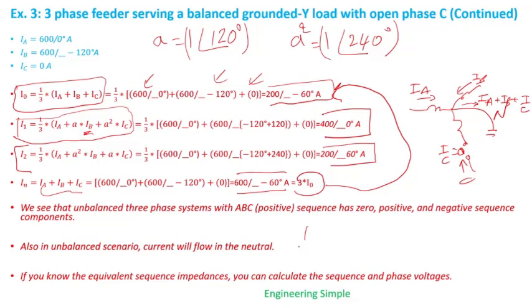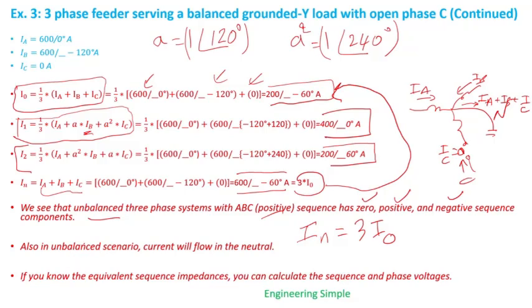So if you have a grounded Y, meaning a Y connection with grounded neutral, the current that will flow through the neutral is 3 times the zero sequence current. So we see that unbalanced three-phase systems with ABC positive sequence, in this case, have zero sequence, positive sequence, and negative sequence components because none of them were zero.